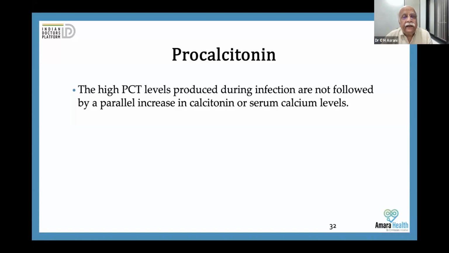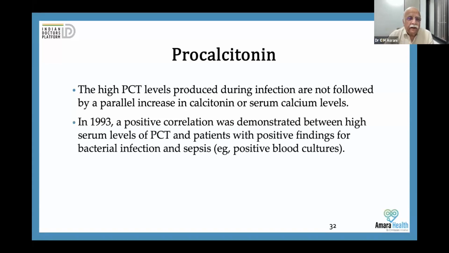No. In infections, calcitonin does not rise as much as procalcitonin rises sensitively. In 1993, it's not a very old investigation, just 30 years, a positive correlation was demonstrated between high procalcitonin and patients with positive findings for bacterial infection and sepsis.